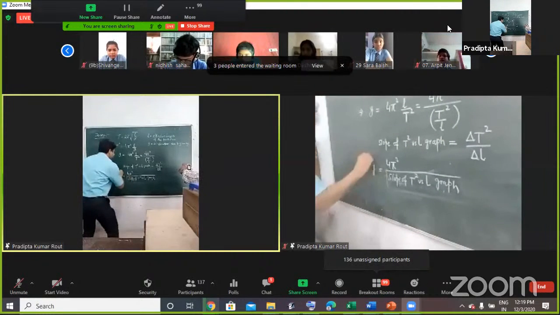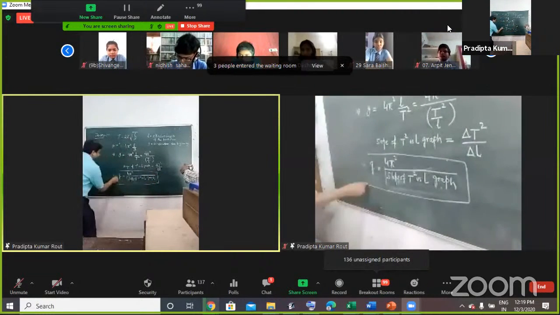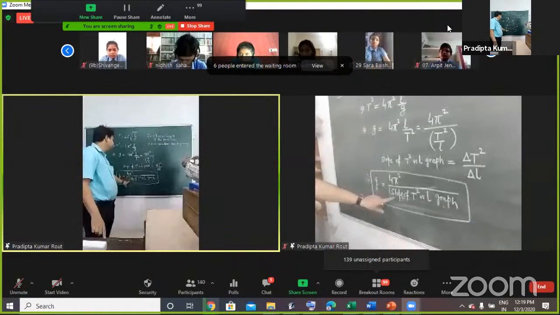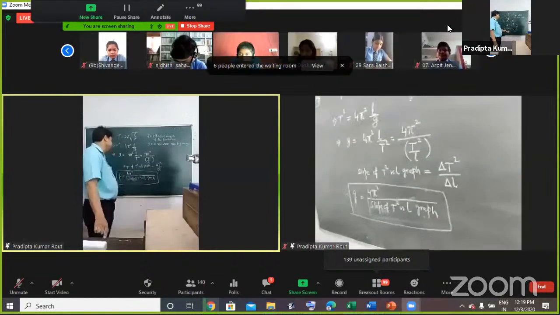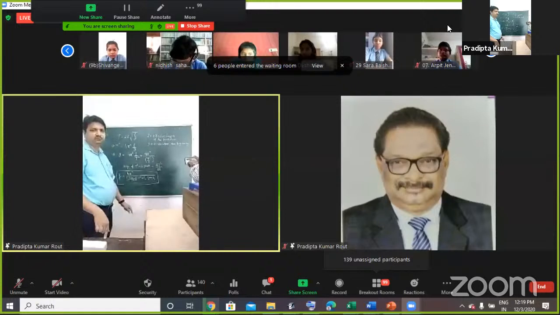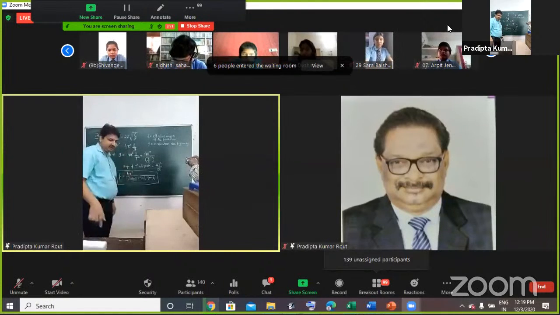So children, this is the working formula for this experiment. We are actually going to find out the slope of the T square versus L graph, so that if we substitute it here, the value of G can be found out. This is the theory. Please note down quickly.